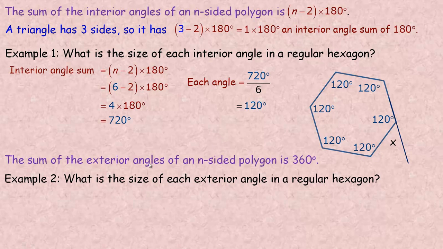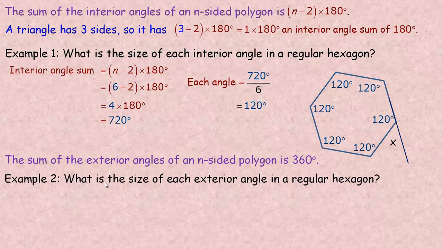The exterior angle sum for all polygons, 3 sides, 10 sides, 20 sides, doesn't matter, is always 360 degrees. So if we extend these sides, there'd be 6 exterior angles up here, and they always add up to 360. It doesn't matter how many sides you have, a triangle, quadrilateral, hexagon, it always adds up to 360 degrees on the outside.